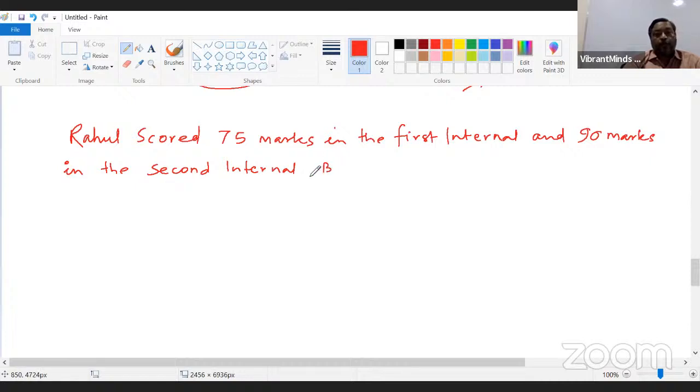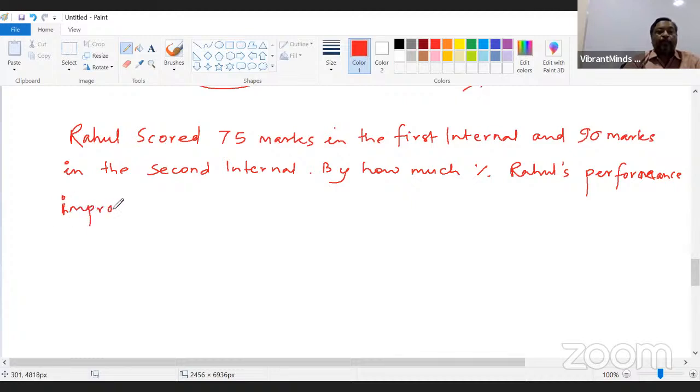By how much percentage has Rahul's performance improved?